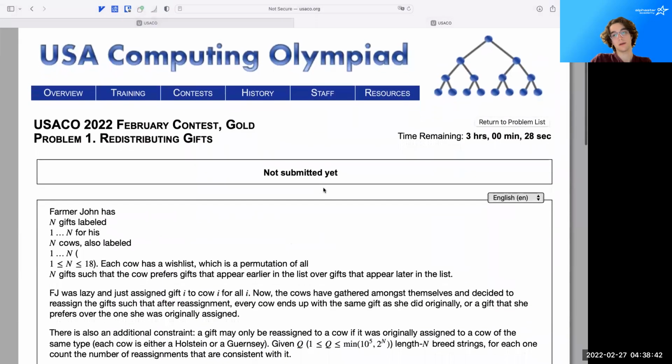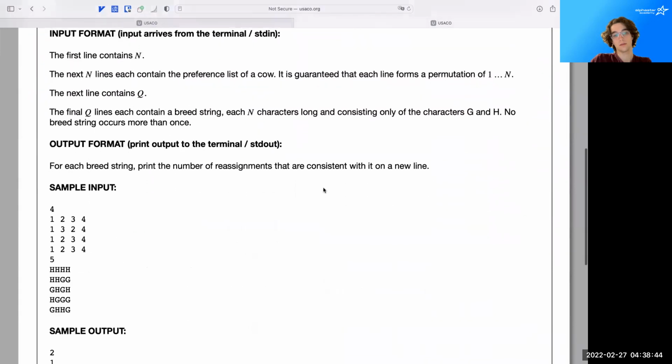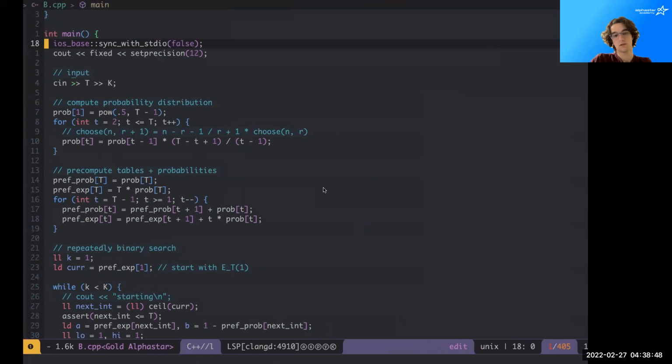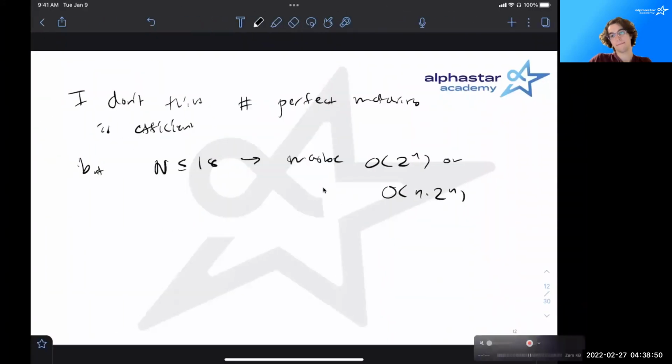That is particularly small. And the 2 to the n probably comes from doing bit masks. So maybe then your queries are just asking for the number of reassignments on a bit mask.